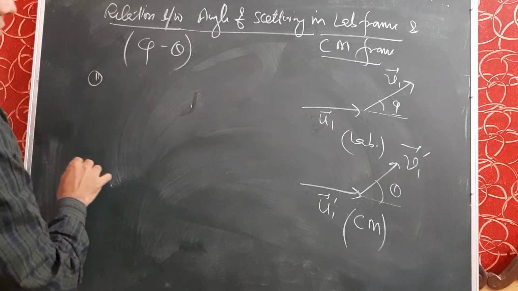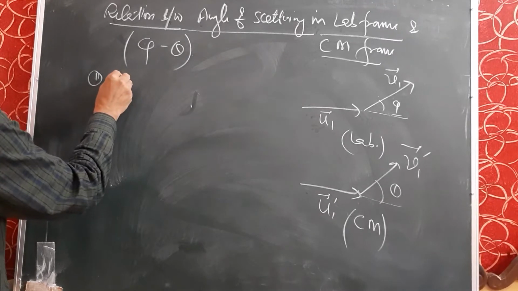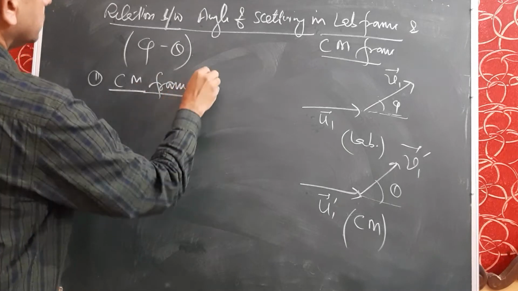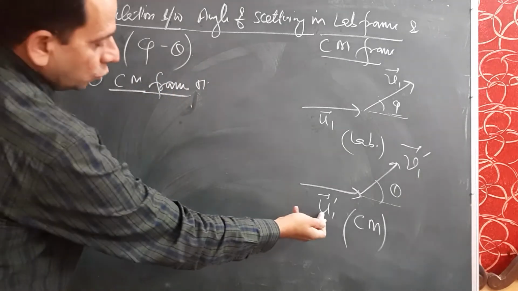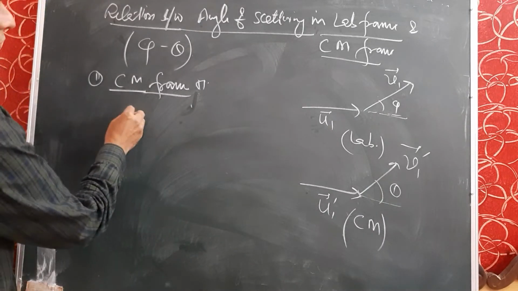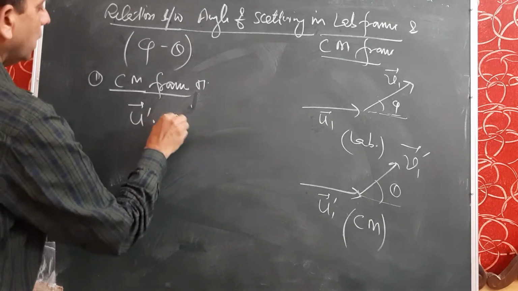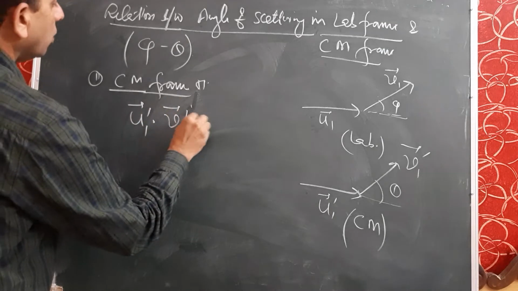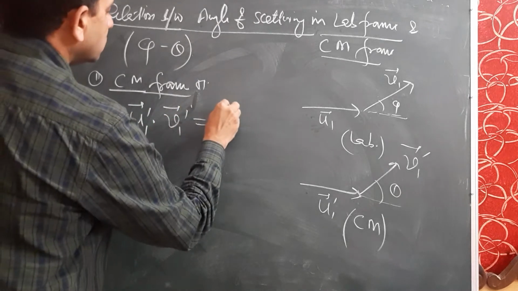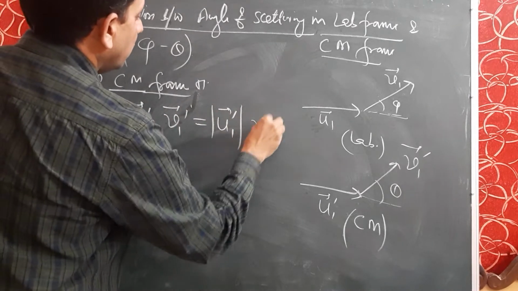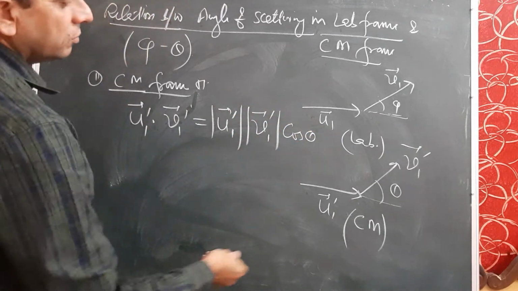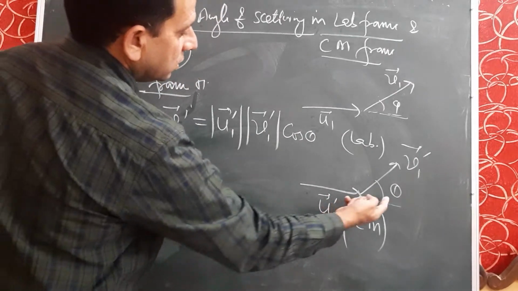First of all, in center of mass frame, the velocities u1 dash and v1 dash make an angle theta between them. Therefore, we may write u1 dash dot v1 dash equals magnitude of u1 dash times magnitude of v1 dash times cos theta.